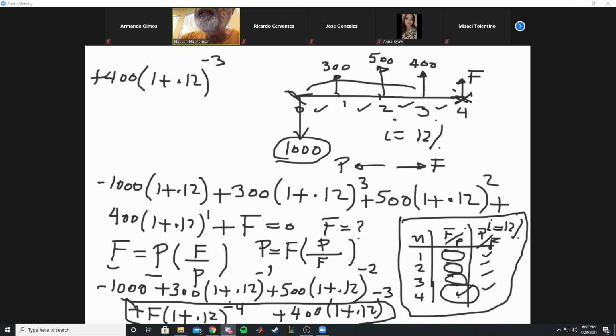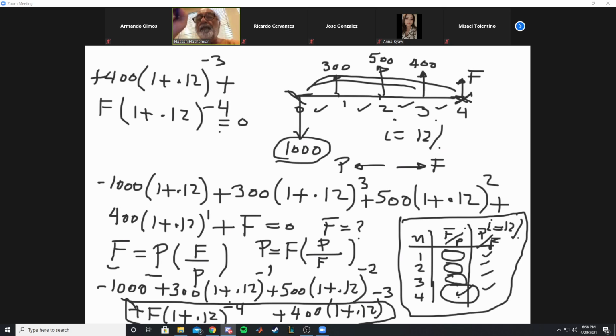And then we have to take the F over here. Then plus F times (1 plus 0.12) to the power of minus 4 equals 0. So that's the bottom part of it. Thank you. All right. Any other question?